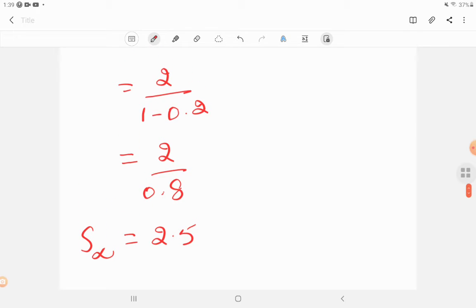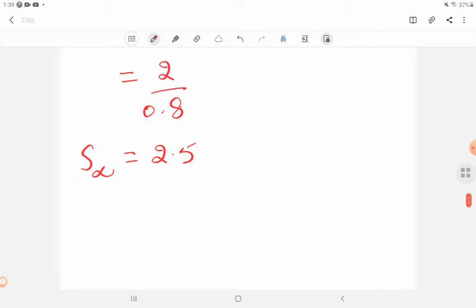But if the r value is greater than 1, the infinite geometric sequence diverges, which means it increases. So we can only apply the sum to infinity formula when the common ratio is between -1 and 1.